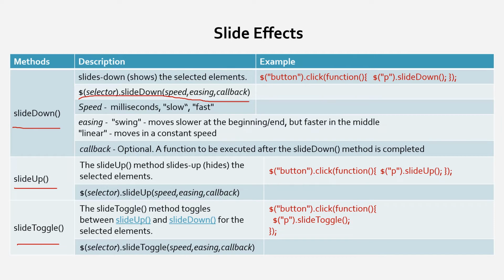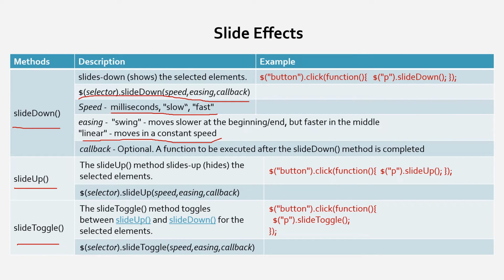Speed we already discussed, anyway I want to refresh that. Either you specify milliseconds, or slow or fast. Easing means it should move like a swing or at a linear speed. If you want it to move at a constant speed, you need to specify linear.